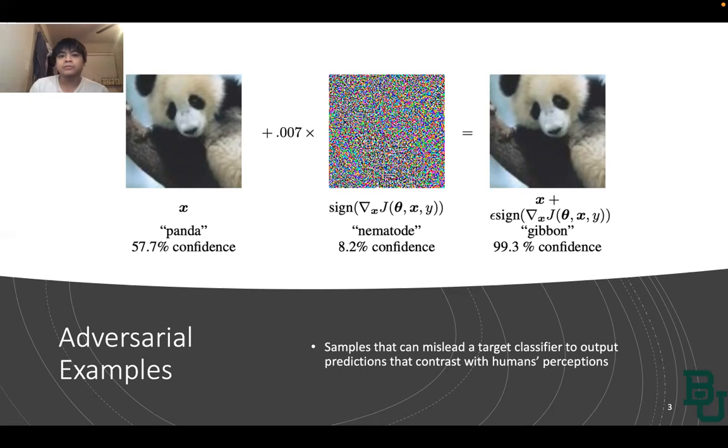But when we compute some adversarial perturbation and add it to it, this is the result. It looks the same. It's still a panda, but the classifier classified this panda as a gibbon with 99.3% confidence. So this is an adversarial example. We can find a lot of adversarial examples for a targeted classifier.